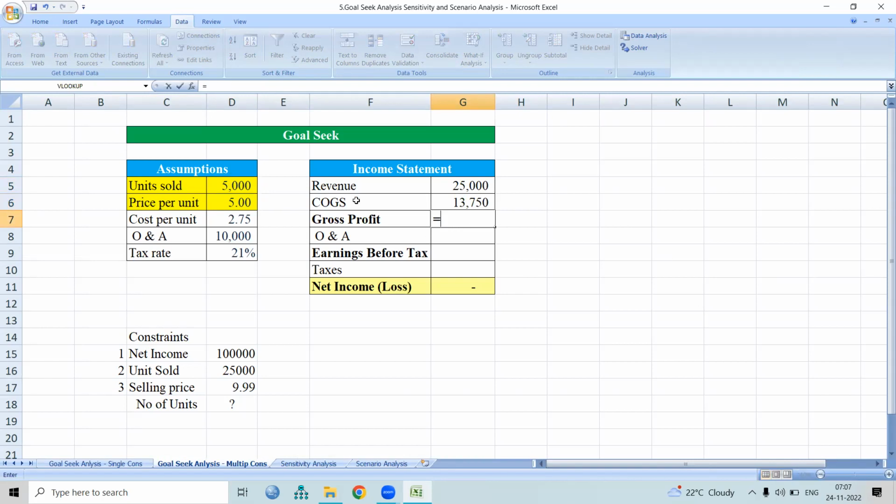Let's find out the gross profit. How do you find out the gross profit? Revenue minus cost of goods sold, G5 minus G6. Office and administration expenses, basically D8, the reference cell, 10,000. Earnings before tax is equal to gross profit minus office and administration cost, G7 minus G8.